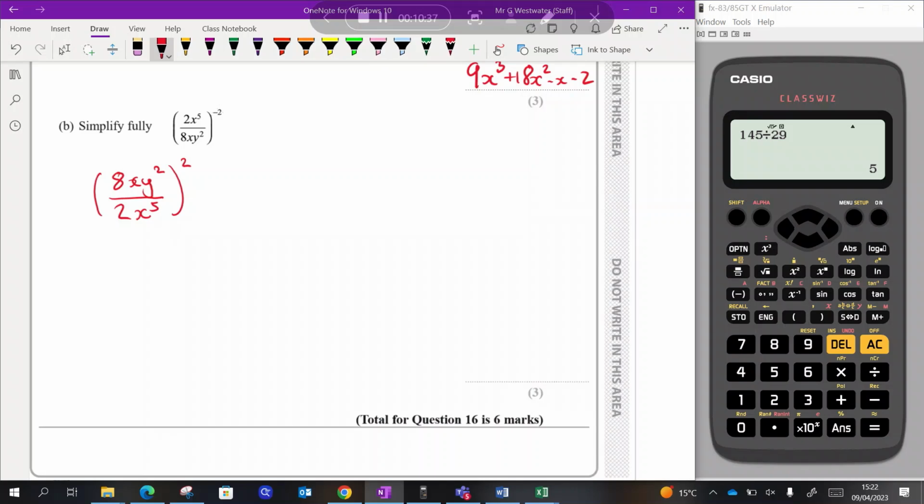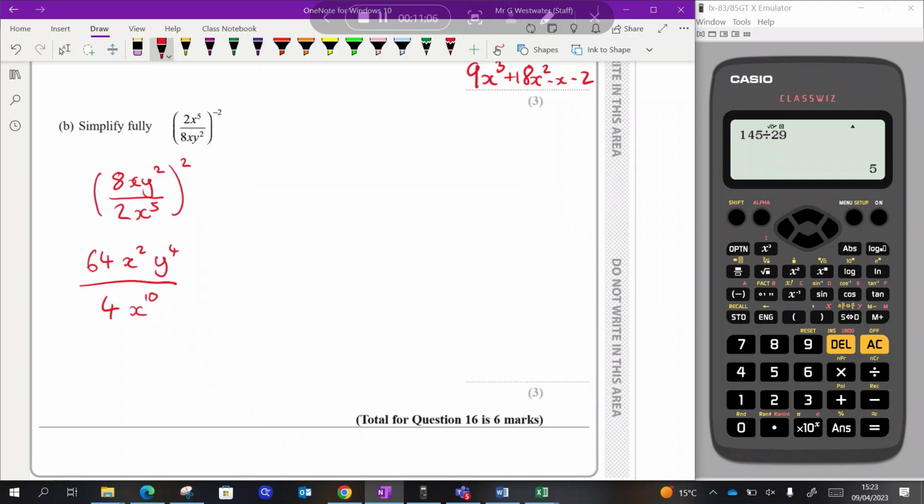Deal with that negative. Now I can bring this power of 2 in. So 8 becomes 64, x becomes x squared, y squared becomes y to the 4. Remember, we are multiplying these powers, and x is x to the 1. Then 2 squared is 4, x to the 5, 5 times 2 is 10, so x to the 10 here.